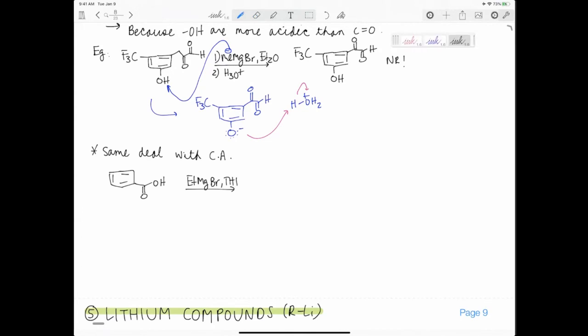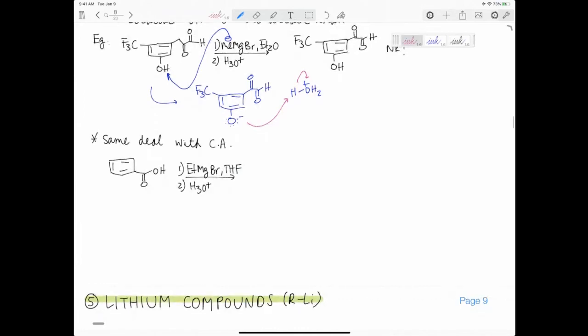I just want you guys to get used to the idea that there might be more than one reagent. And then I do an acidic workup. Same thing is going to happen. Ethyl is going to be a good base in this case, and it's going to deprotonate the hydrogen here instead of going for the carbonyl. What we get is this right here. Then we do an acidic workup, it protonates, and what I get is the exact same thing.